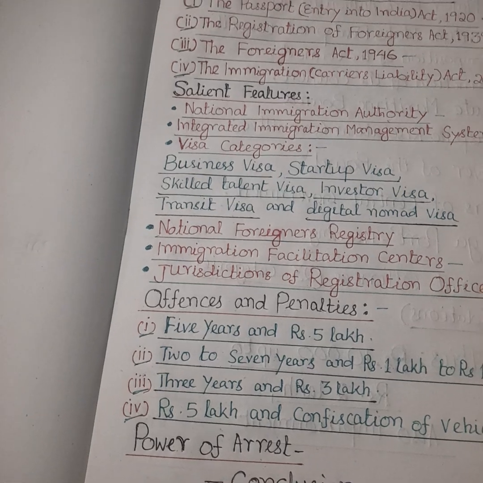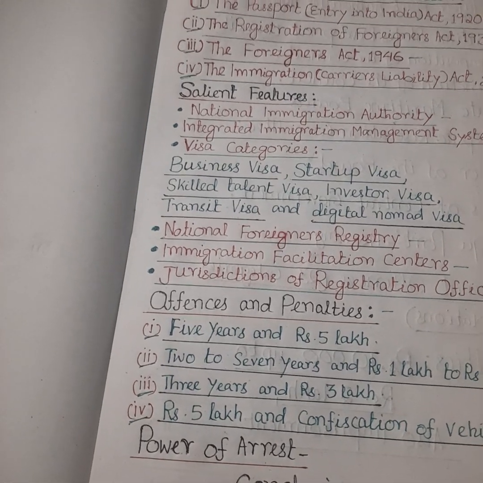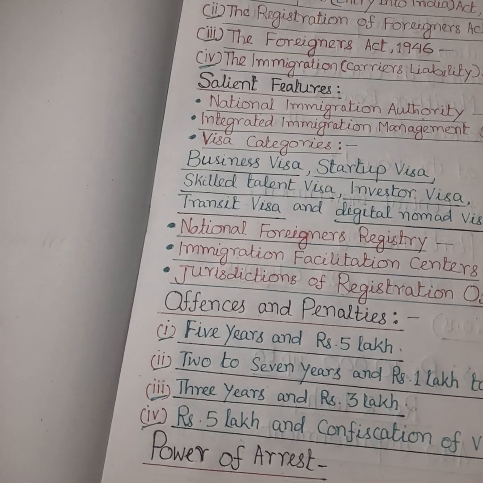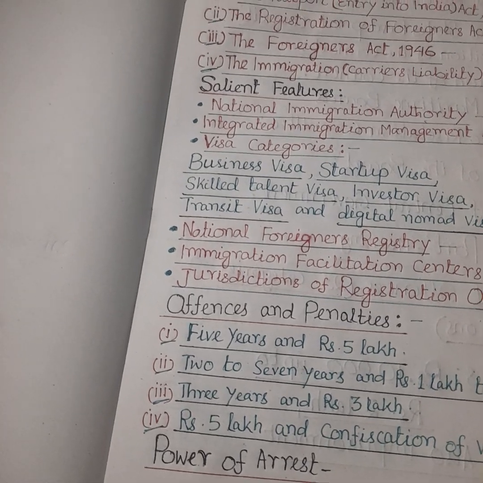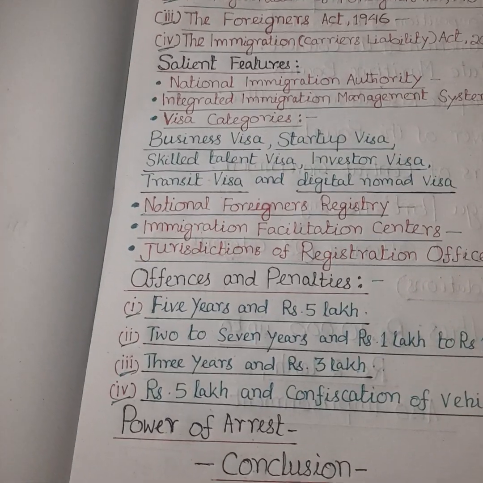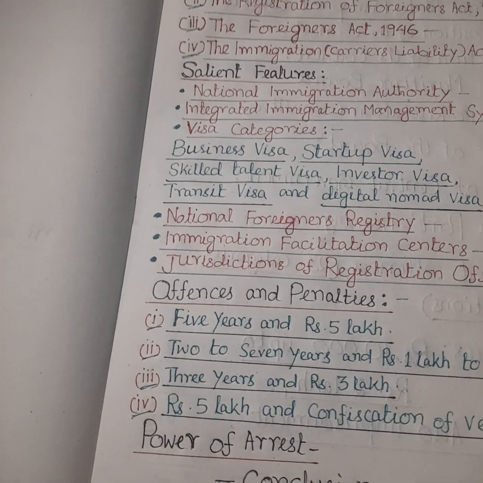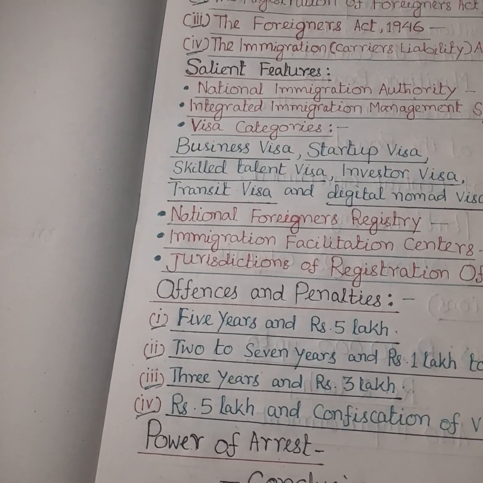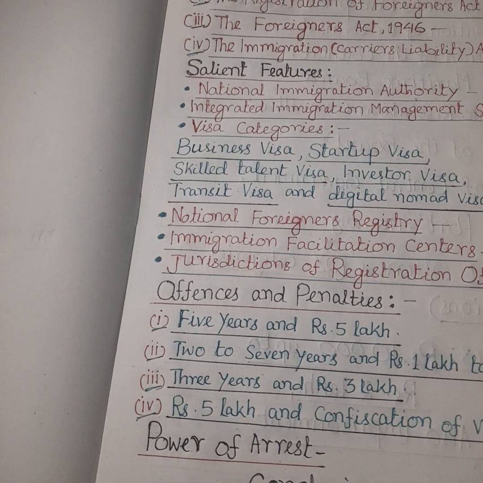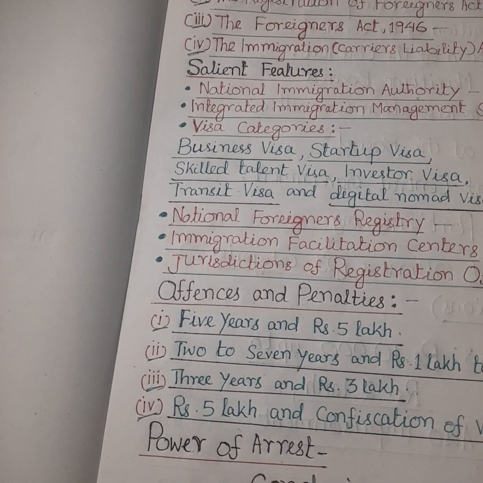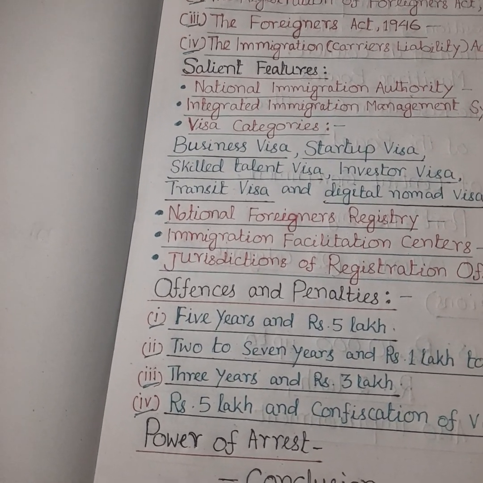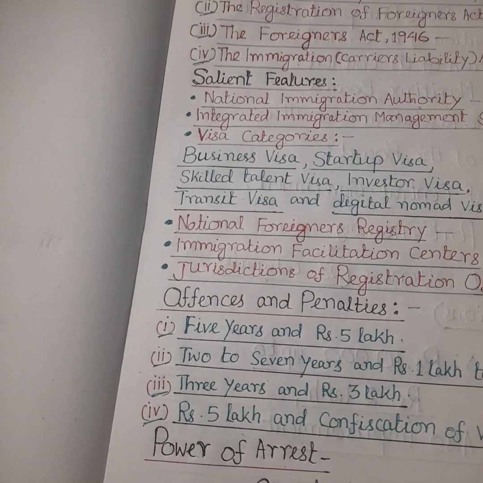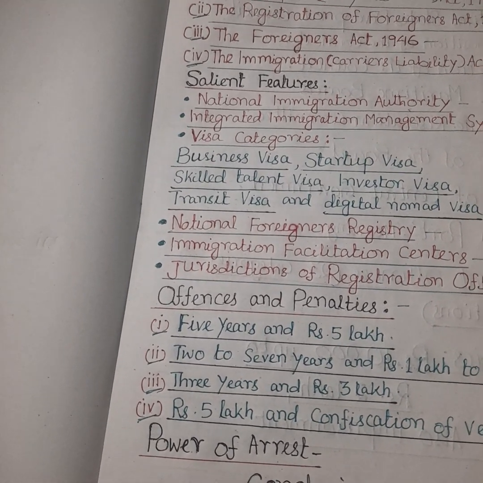So the bill introduces robust punitive measures for violations of immigration norms. Under Chapter 5, which deals with offences, penalties and appeal, individuals arriving in India without valid documentation may face imprisonment for up to 5 years along with a fine of Rs 5 lakh.